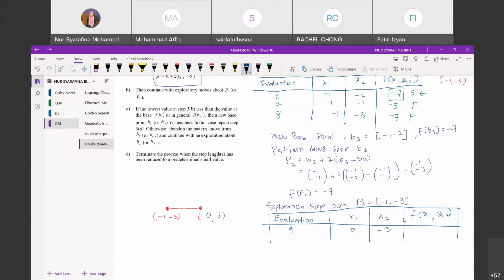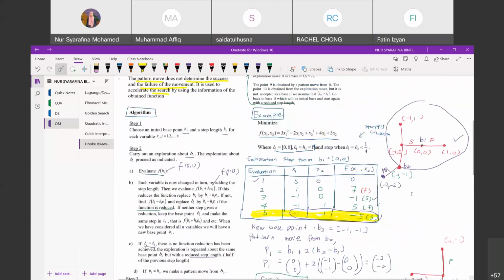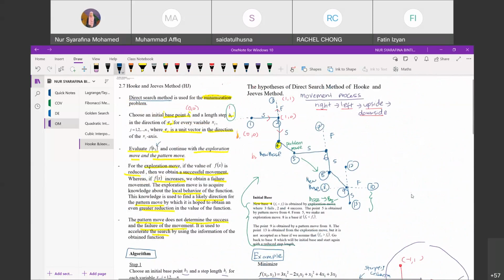Okay, remember, this is the main important point, the movement process. First step, second step, third step, fourth step. All right, you proceed to the next step when you obtain failure.